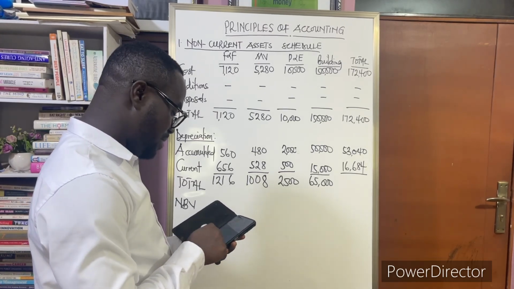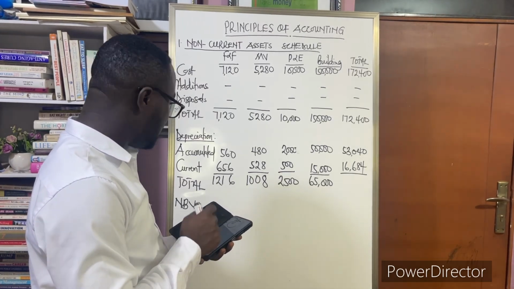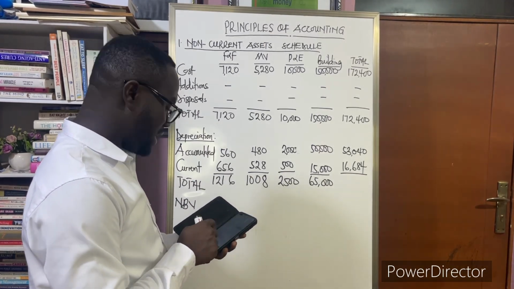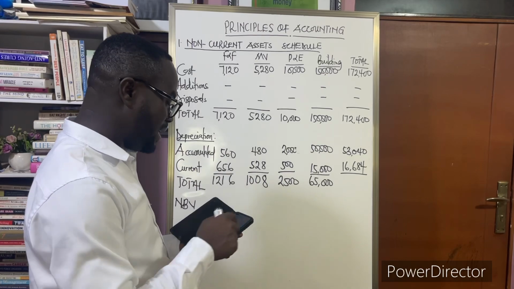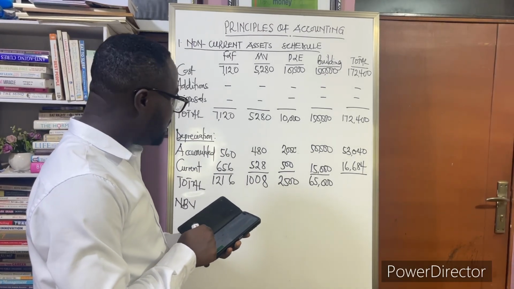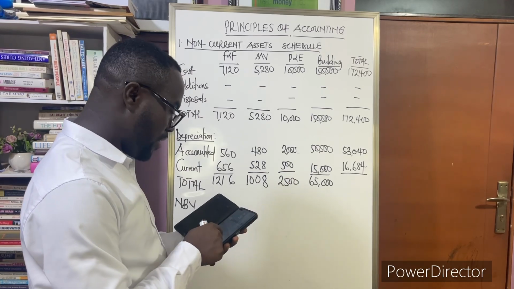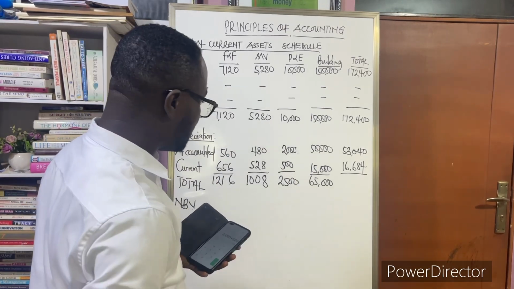So 560 plus 656 is 1216. We are correct. 480 plus 528, 1008. We are correct for that one. 2000 plus 500, 2500. We are correct. And 50,000 plus 15,000, 65,000.